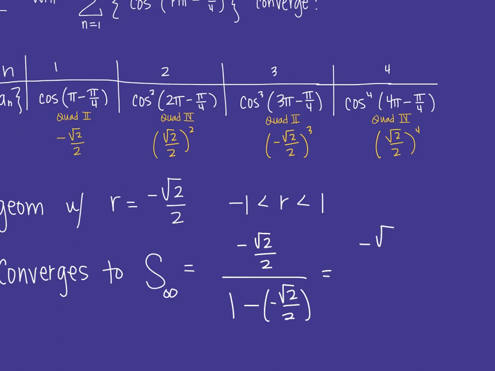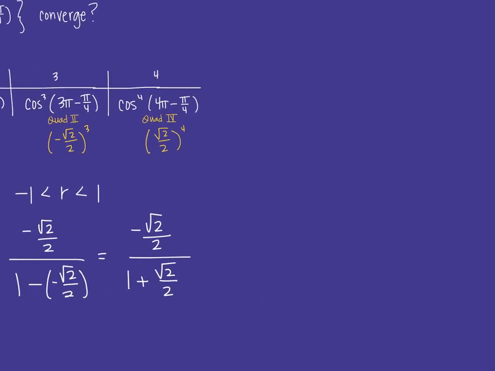So I have negative rad 2 over 2 over 1 plus rad 2 over 2. Multiply everything by 2 to get rid of the fractions. So you have negative rad 2 over 2 plus rad 2 would probably be the simplest way to write that. You just multiply everything by the 2, and that's what the series will sum to and converge to that total.